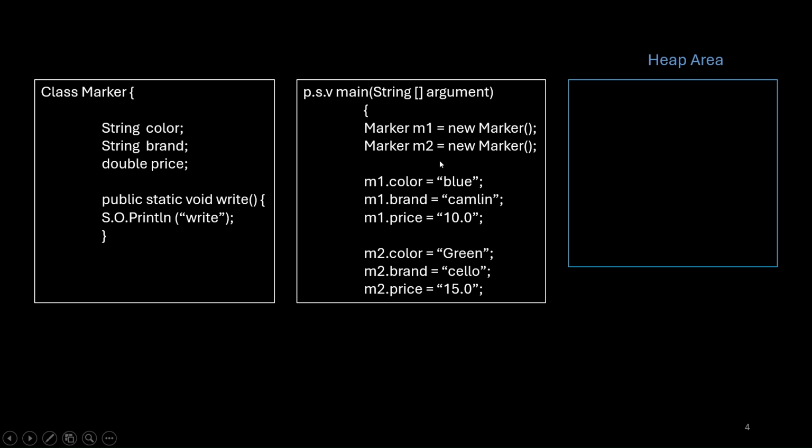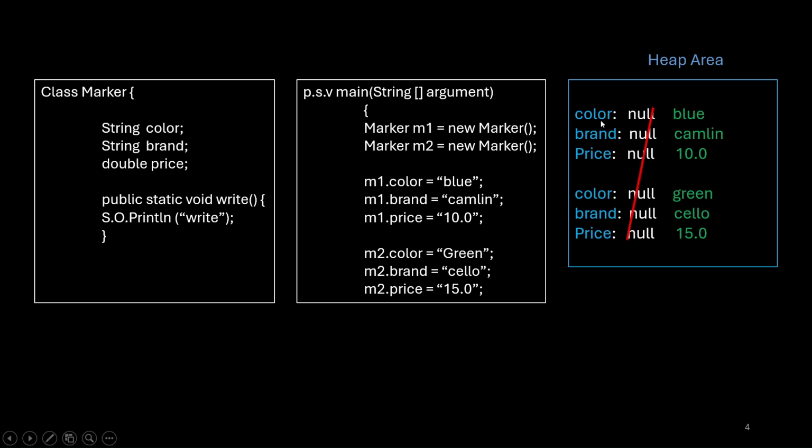And what will happen in the heap area? First of all, for the object, the variables are created: color, brand, and price. The initial value of color, brand and price is null.